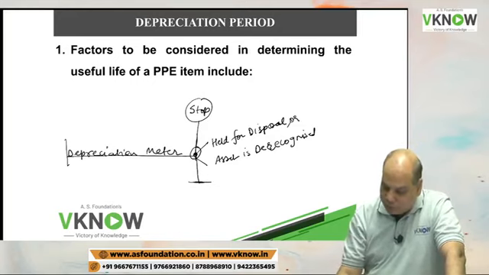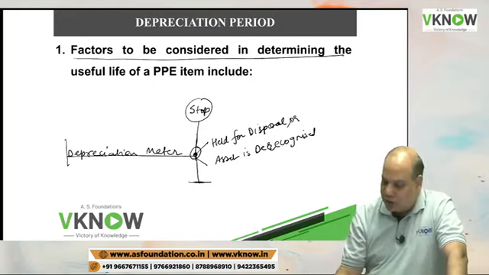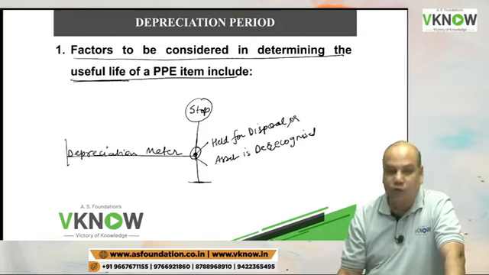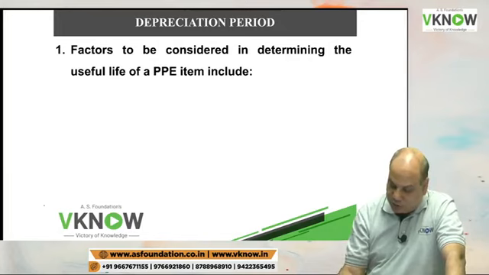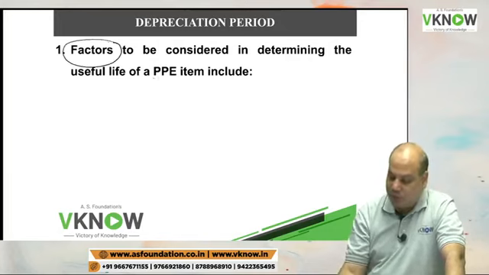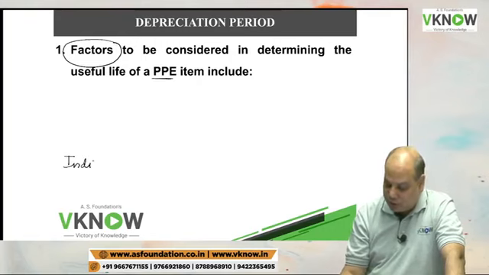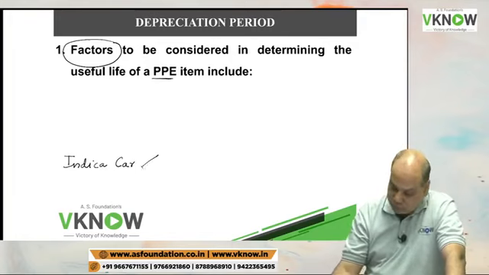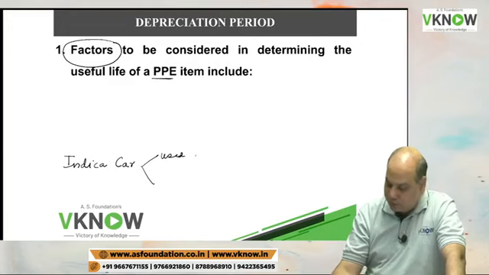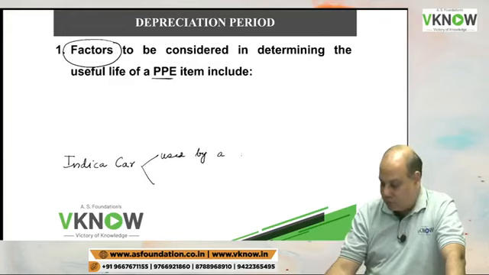Next point is factors to be considered in determining the useful life of a PPE item. This is a theory question. How do you determine the useful life of a property, plant and equipment item? Suppose this is an Indica car. It is used by a doctor.